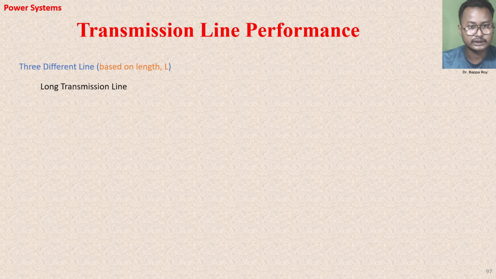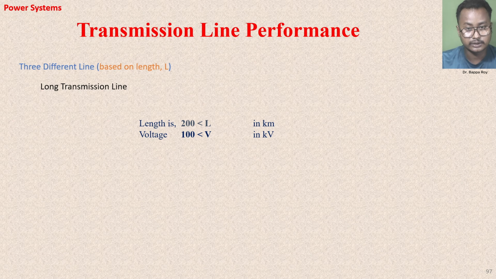Now long transmission line. So what are the parameters for long transmission line? Length is more than 200 kilometer and voltage is more than 100 kilovolt.